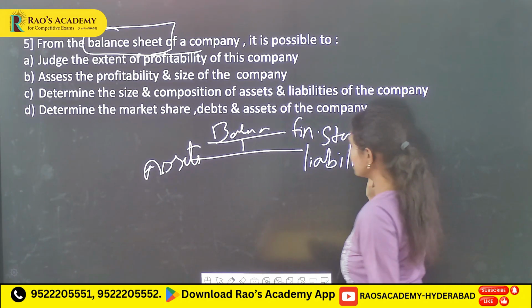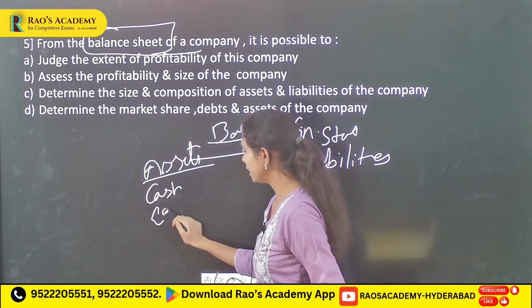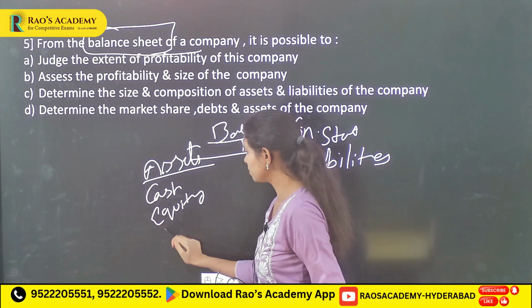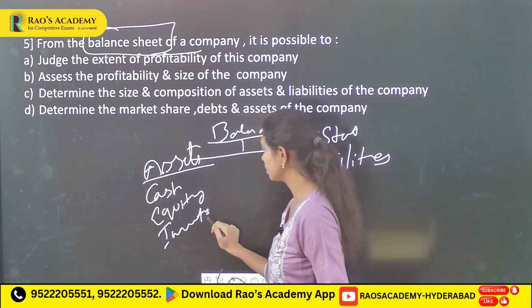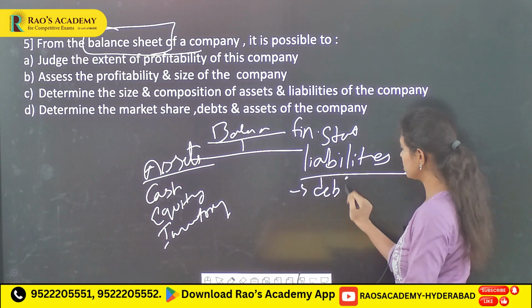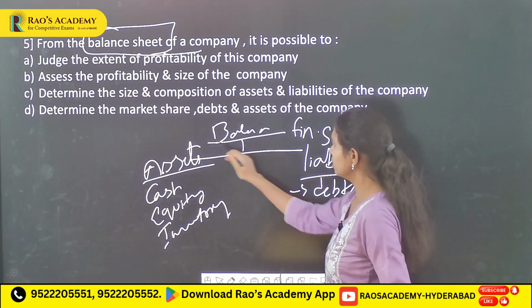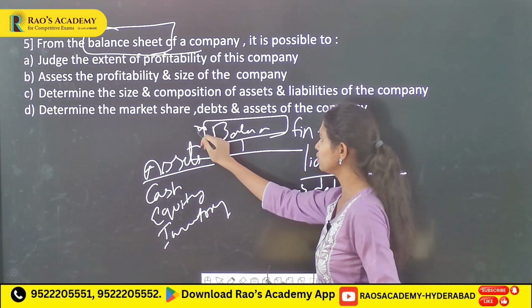And here the assets of a company include the cash, equity as well as the inventory. Then followed by the liabilities include the debt, or you can say the loan. So this is what the balance sheet of a company refers to.